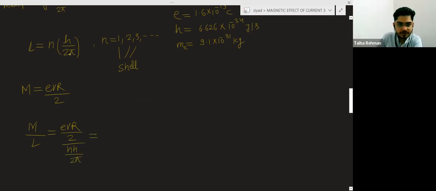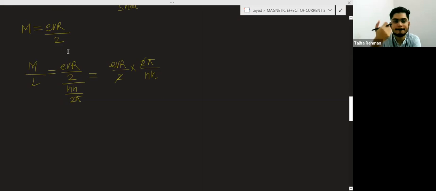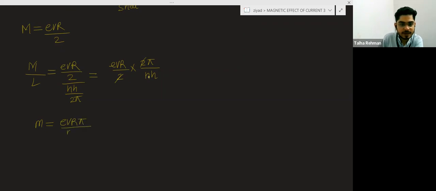So now we will simplify this. This will become 2 pi divided by nh. The 2 and 2 will cancel out. So M by L will be EVR pi divided by nh.